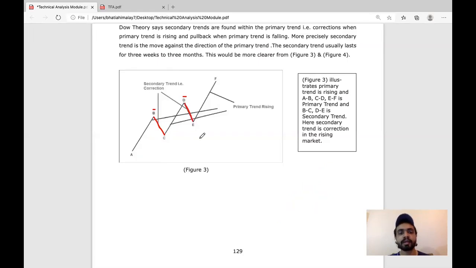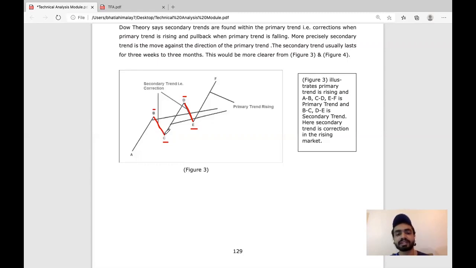All right. Similarly, we have point E and point C over here, which in this case are the lows of the market. These are also known as pullbacks in the markets or are sometimes also referred to as dips in the market. That is why we say, buy at dips.